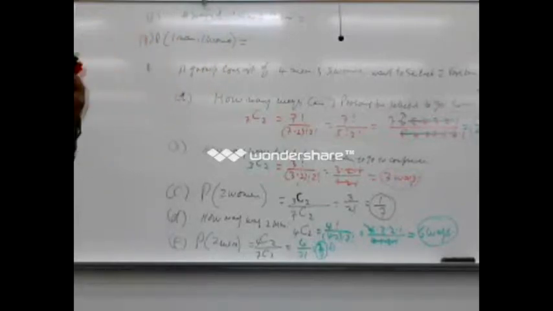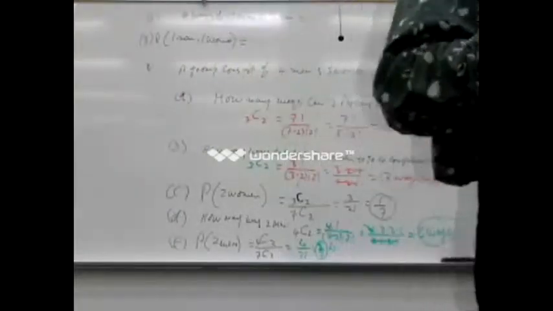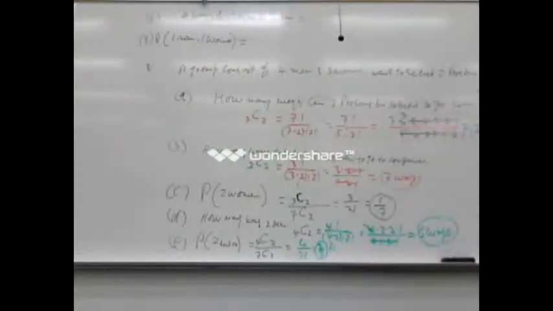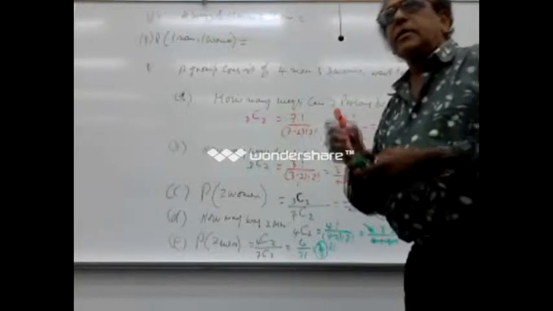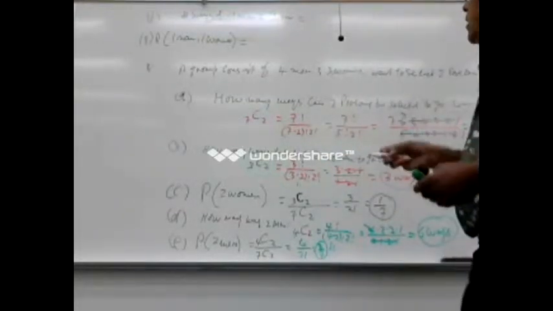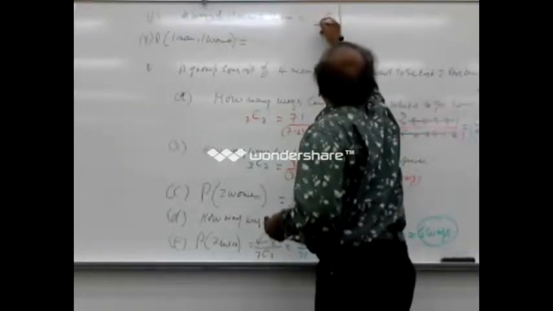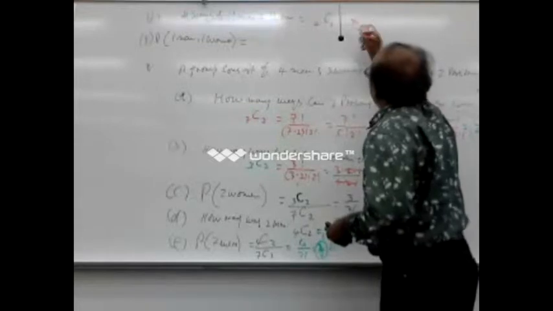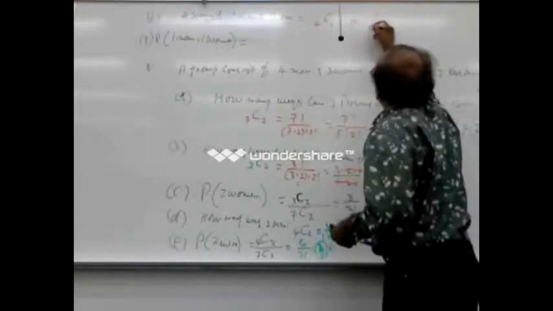You want to be pretty much fair, and you want to find the number of ways of selecting a man and a woman. Well, this is a little bit more complex. We have to find the number of ways of selecting one man out of the 4 men, and then we multiply that by the number of ways of selecting the 1 woman out of the 3 women.